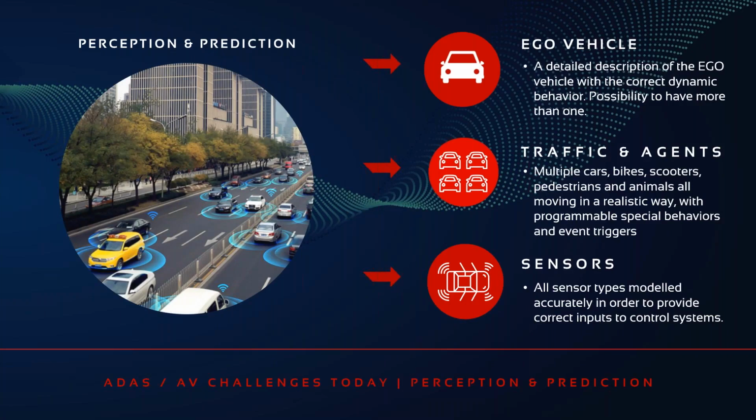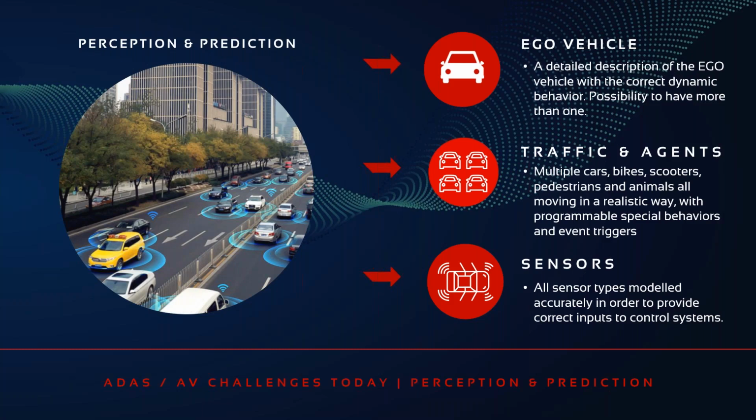In the two perception and prediction phases, the needed integrations are mainly a realistic ego vehicle that moves around in the environment with the correct dynamic behavior, where the ego vehicle is controlled by the driver, whether it's a human on a simulator or otherwise offline, which we'll talk about in a second.